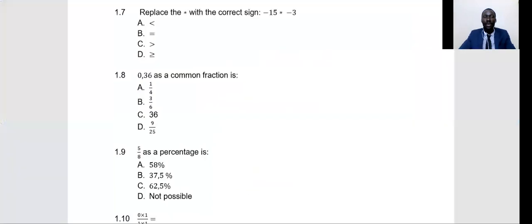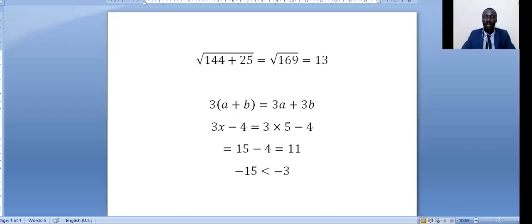Then after that, we move on to the next question, which is 1.8. Question 1.8 is asking for the common fraction. The decimal fraction given here is 0.36. So now let's just have it put right here, 0.36.